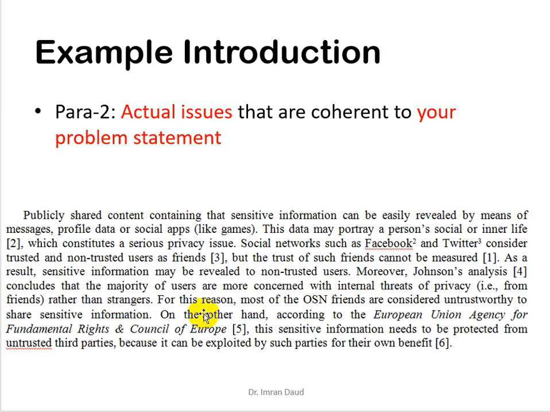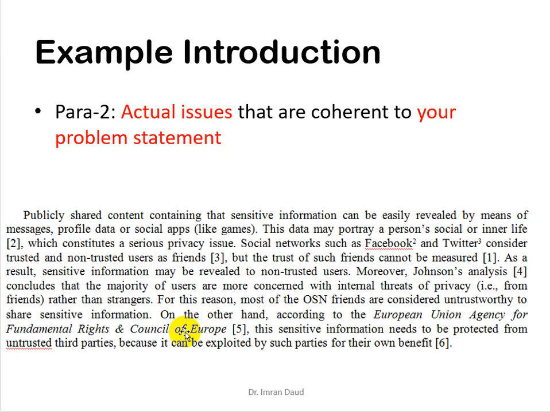For this reason, most of the OSN friends are considered untrustworthy and they share the information. On the other hand, there is a body saying this sensitive information needs to be protected. So you are referring to that body, and you're saying that it's not me who's saying that you need to protect your sensitive information.